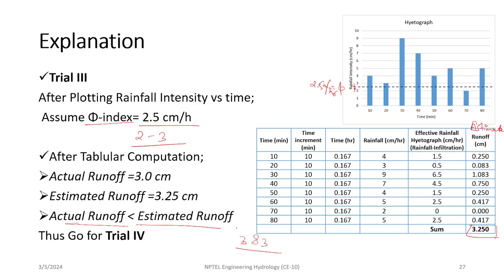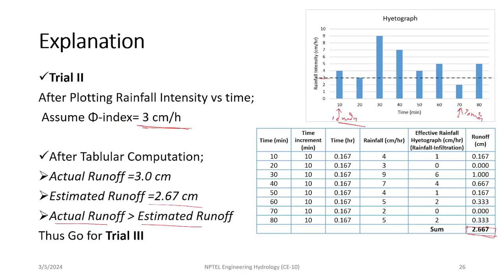So now, Ashish, we need to go for a smaller interpolation. What should our target be now? Do we have to go above or below this value of 2.5?